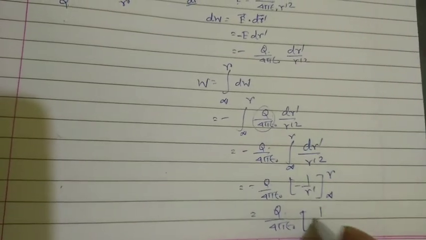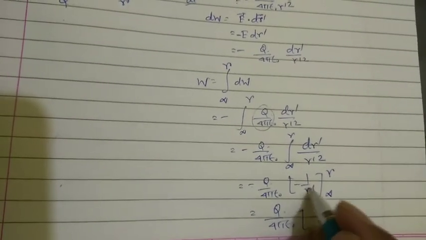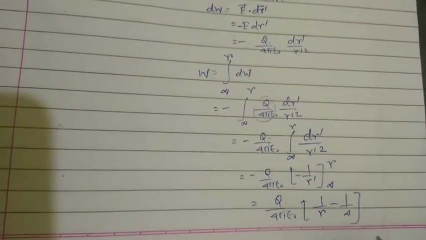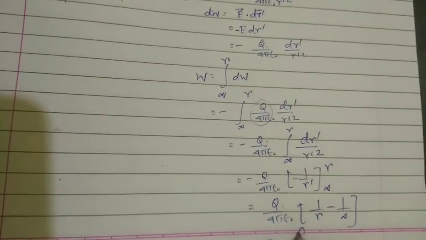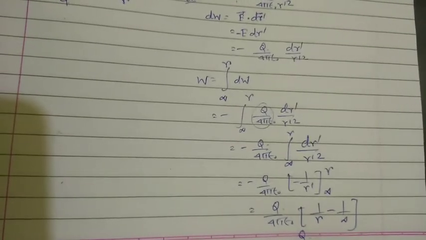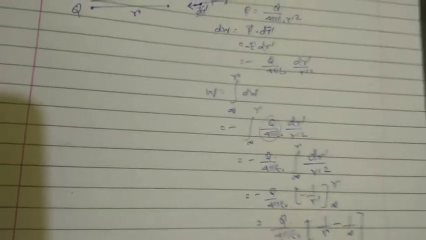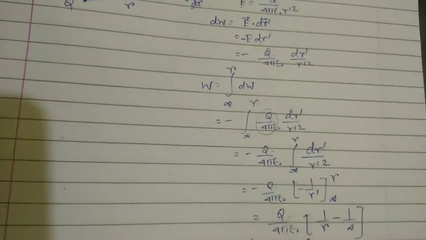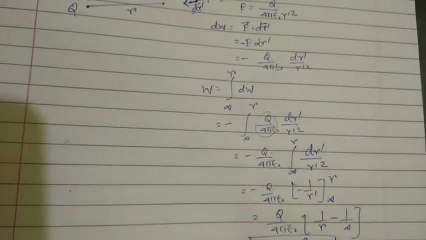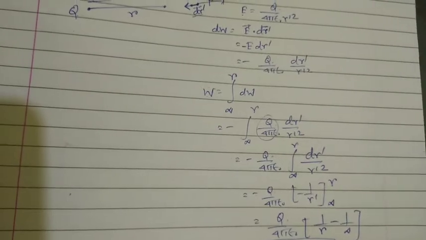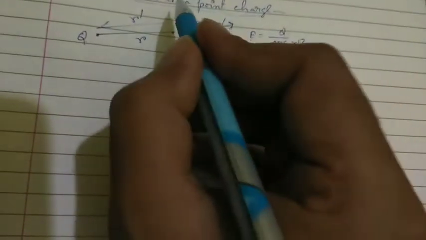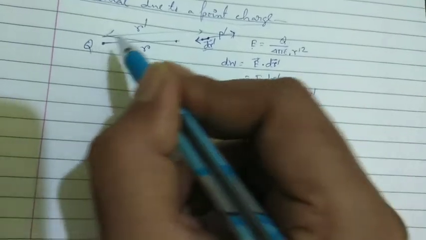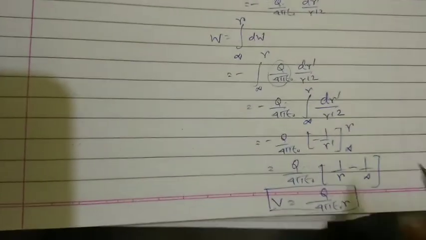First 1 by r in place of r prime, then 1 by infinity. 1 by infinity is 0, so we can write q by 4 pi epsilon naught r. So this is the work done, and since the charge is unit positive, this will be the electrostatic potential at this point because of the charge q. So this is our required formula.